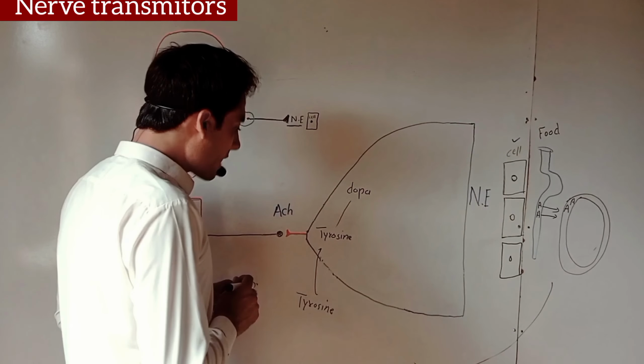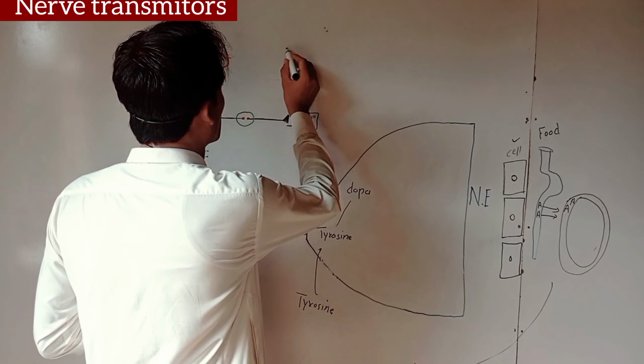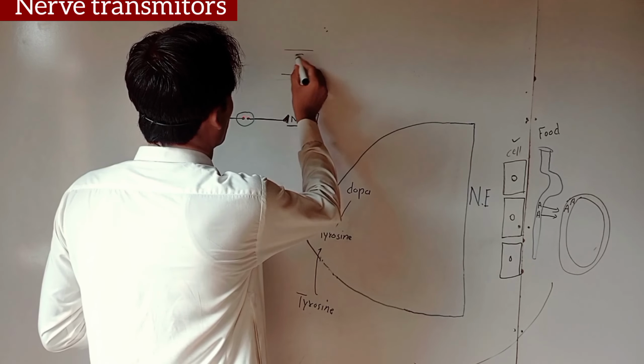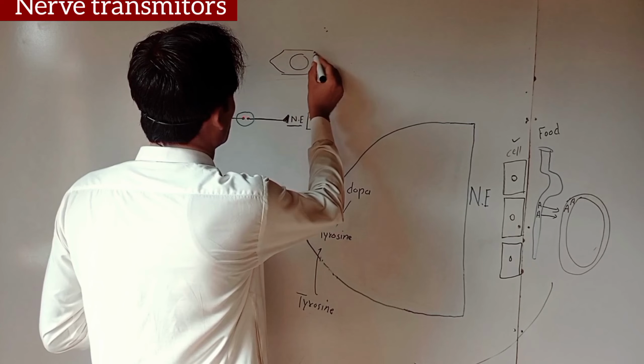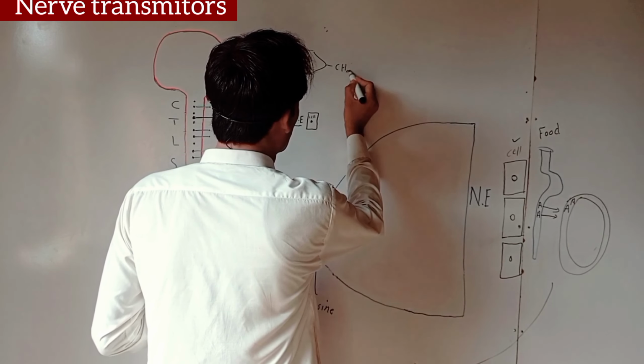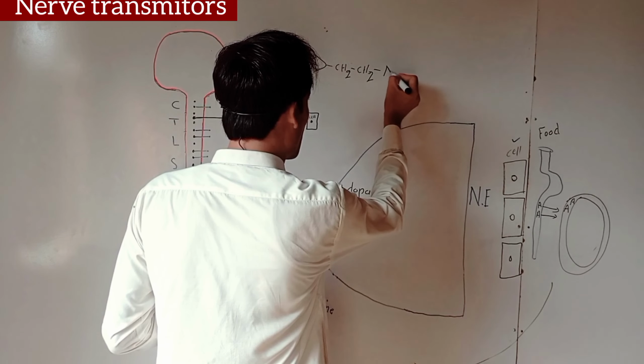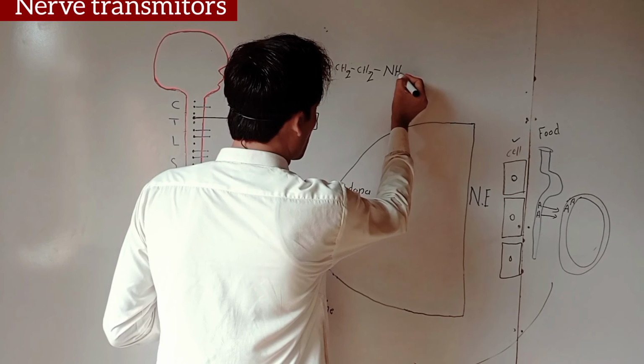I think I should draw the molecular structure of tyrosine. This is the benzene ring. It contains a methyl group, another methyl group, and an amine group.